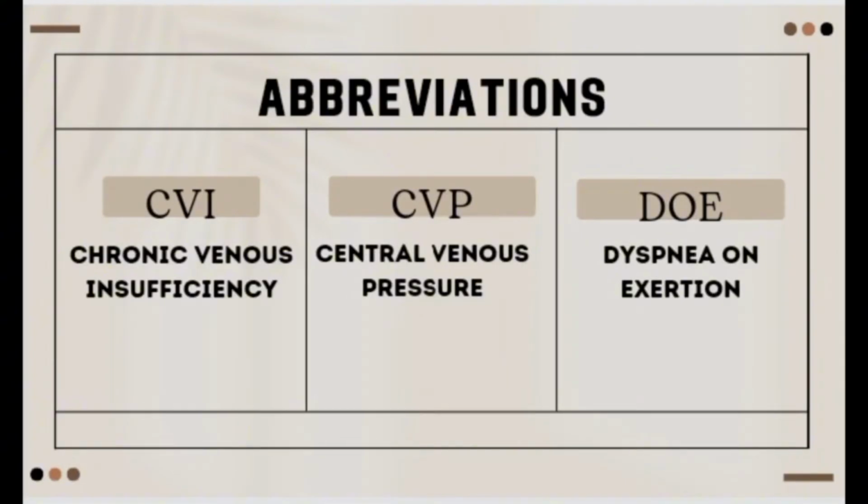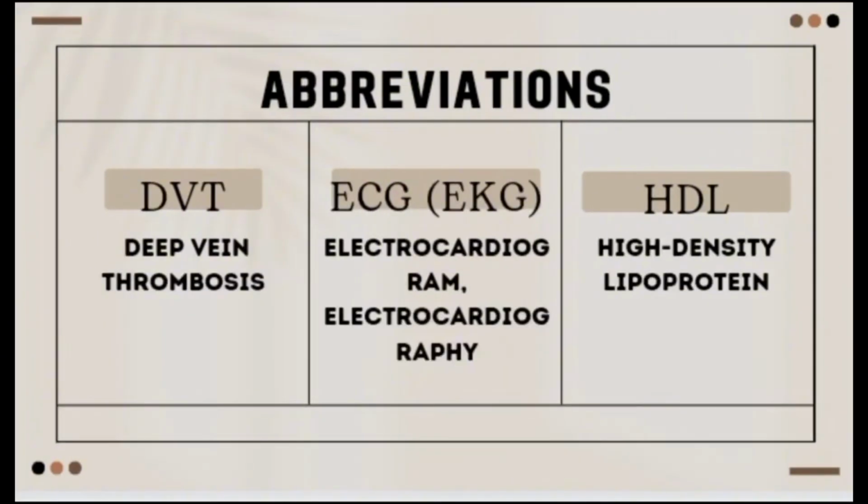Dyspnea on exertion, or DOE. It is a difficulty or discomfort in breathing that occurs during physical activity or exertion. Deep vein thrombosis, or DVT. Deep vein thrombosis is a condition characterized by the formation of blood clots in the deep veins, usually in the legs.